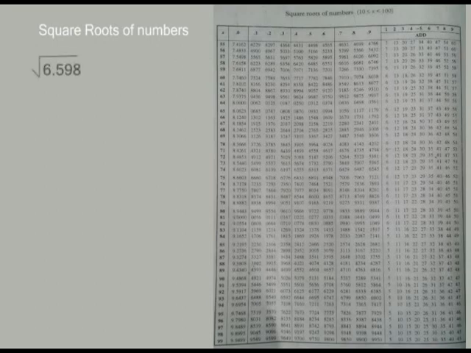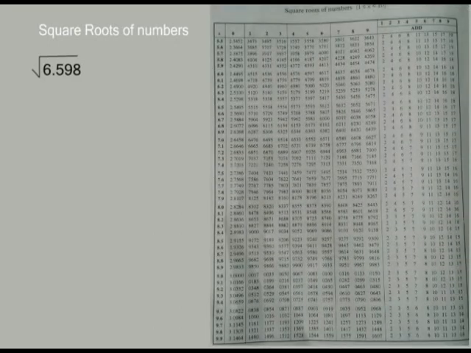We read the tables the same way. For example, the square root of 6.598. Here we use the tables of numbers between 1 and 9.99. 6.5 is here. If you look at the column of 0, the figure is 2.5495.